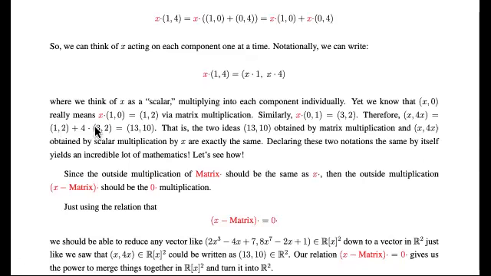It's 1 times the first column, and the second column, because (0, 1), but then we're multiplying it by 4, of course. And then we do this addition, we get (13, 10). Interesting. So (x, 4x) is actually equal to the vector (13, 10).